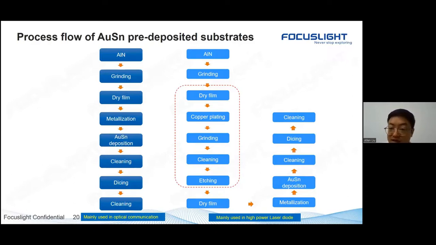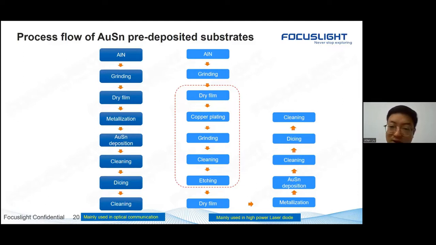You can see the only difference is the copper process, because for the second one we use dry film, copper plating, grinding, cleaning, and etching. All of these processes are just for the copper. We use dry film to get a high precision pattern design, and we plate the copper.